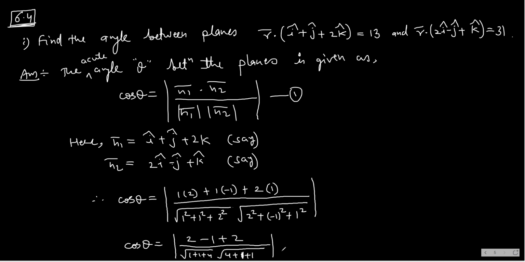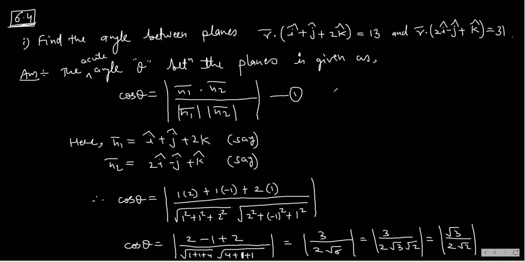So that is equal to 3 upon root 6 plus root 6, that is 2 root 6, that is equal to 3 upon 2 root 3 into root 2. I can write root 6 as root 3 into root 2.